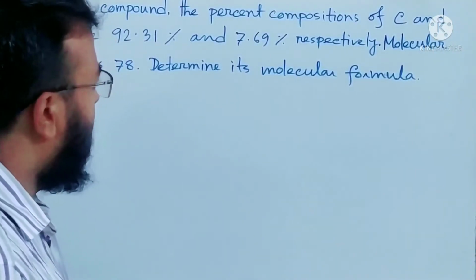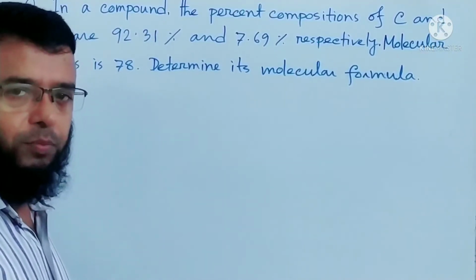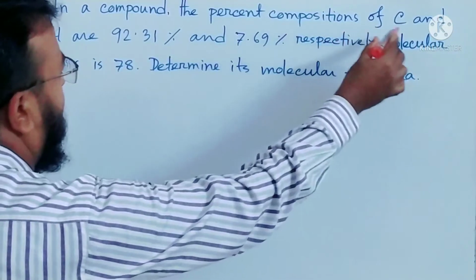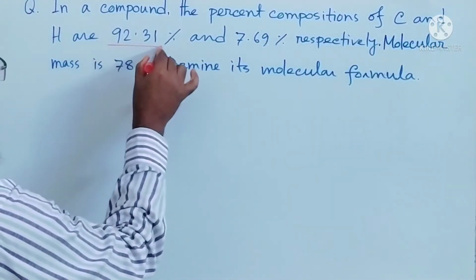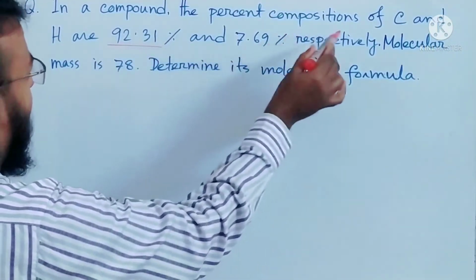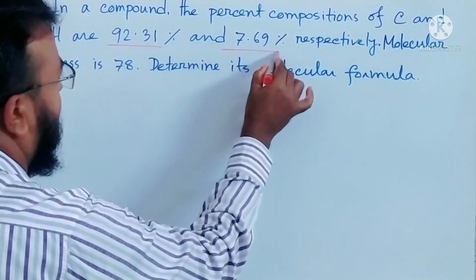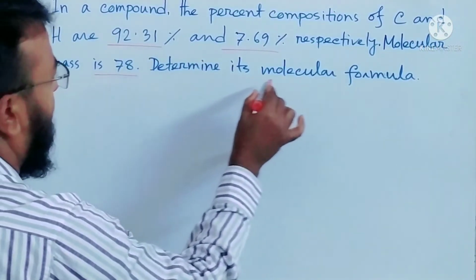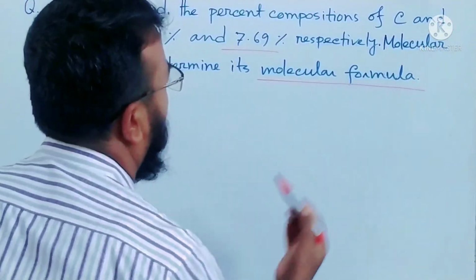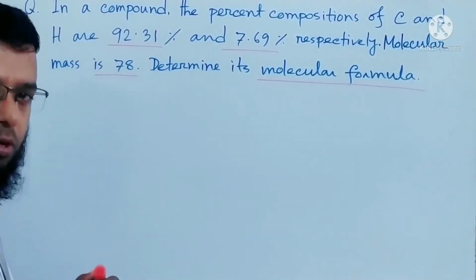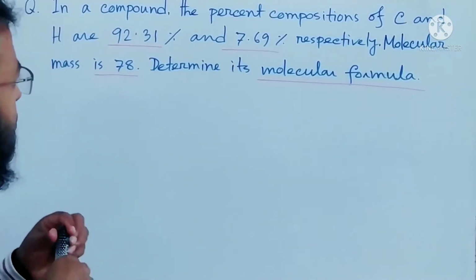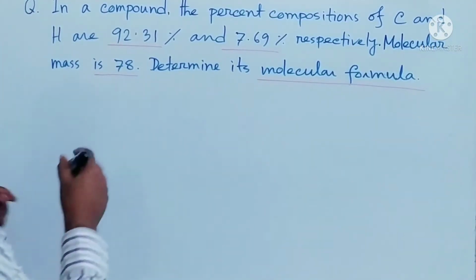Okay, now how to determine the molecular formula and empirical formula? There is a question I have written. In a compound, the percent composition of carbon is 92.31%, and hydrogen is 7.69%, and molecular mass is given as 78. We have to determine its molecular formula. So to determine the molecular formula, first of all we have to determine the empirical formula. Okay, how to do? All of you see the board.